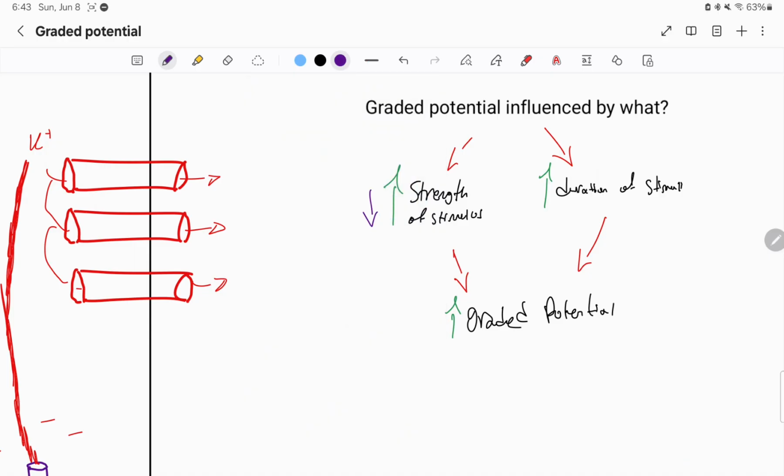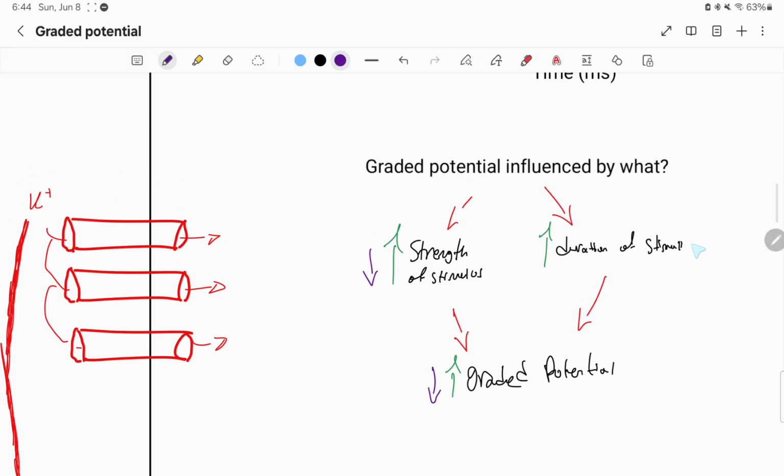However, if the strength of my stimulus is low, then my graded potential will have a smaller magnitude. If the duration of my stimulus is low, meaning that my neurotransmitter stays there, bound to that receptor, that ligand-gated channel, very transiently for a short period of time, then the graded potential will also last for a small amount of time.